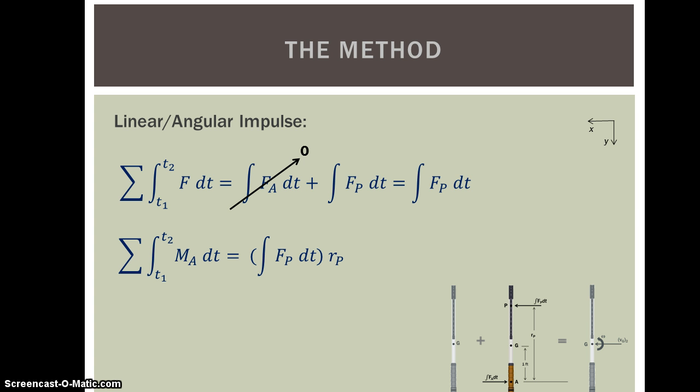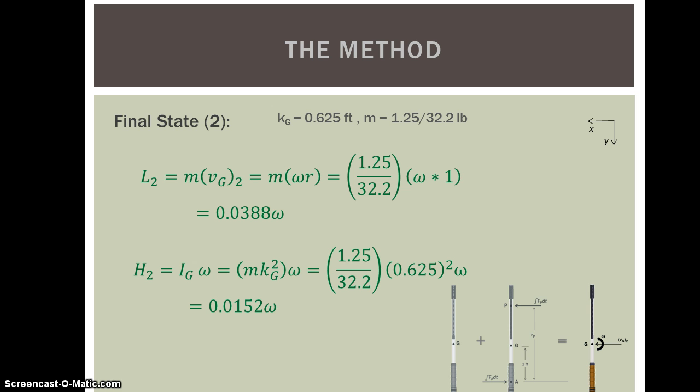And then we also had the summation of the integrations of the moment. In this case, the only moment being applied around A was the force due to P, as the force at A is at A, and therefore has no moment arm and can contribute no applied moment.